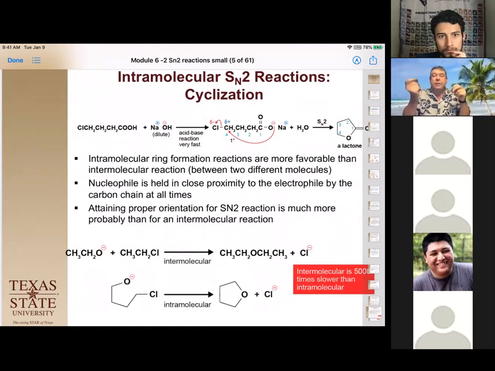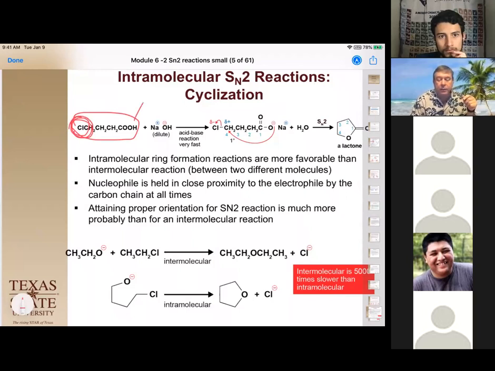And as soon as you deprotonate, in this case, we're deprotonating a carboxylic acid. This is our leaving group over here, our chloride. And when we deprotonate that, we turn it into a nucleophile. Acetate is just a fair nucleophile, but it's a nucleophile. So when we deprotonate that, we have an opportunity here, right? We've now made a nucleophile, and we now have on that same thing a leaving group.